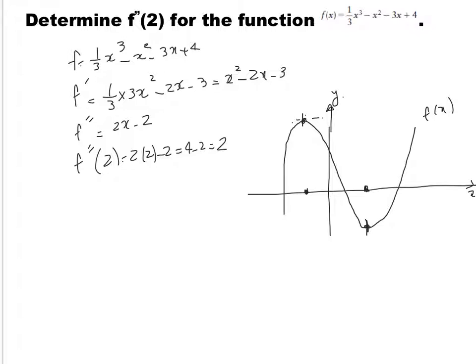Now, let's look at this part of the graph. If you imagine a tangent here, which is drawn on the graph, and then draw another tangent and another tangent, first of all, you can see that the tangent lines will have a positive slope, and they decrease until they get to the value of 0, which is this point.